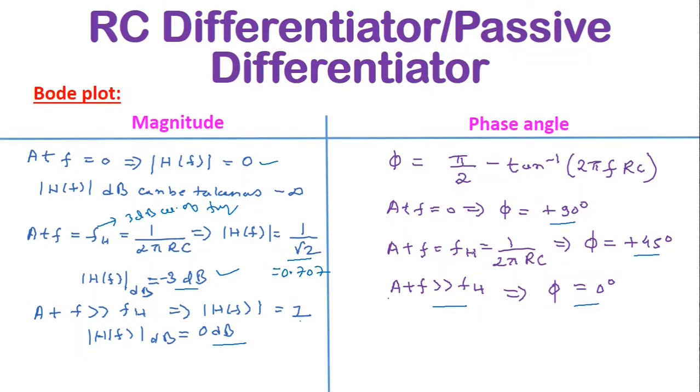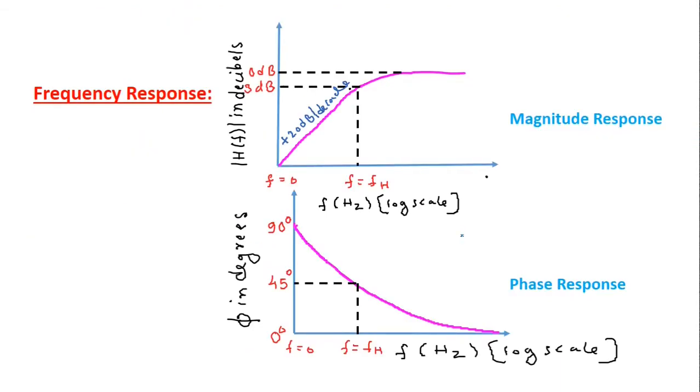Now we draw the magnitude and phase response using these values. This is the magnitude and phase response. In the magnitude response, we can see that the magnitude of Hf, or the magnitude of gain, is represented in decibels on the y-axis, and the frequency in hertz is taken on the x-axis in the logarithmic scale.